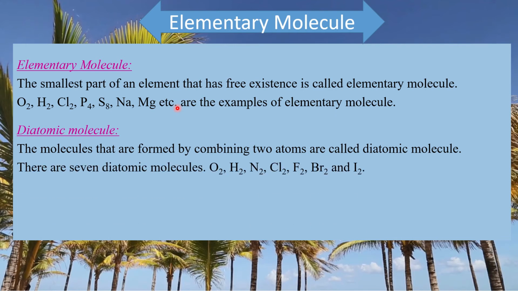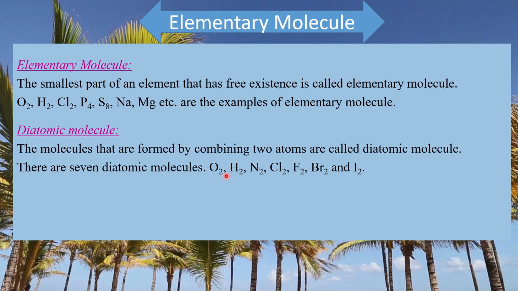There are 7 diatomic molecules. Diatomic molecules means diatomic elementary molecules. We know there are many atoms and all these are elements, but there are some diatomic molecules. Most of them are gaseous.